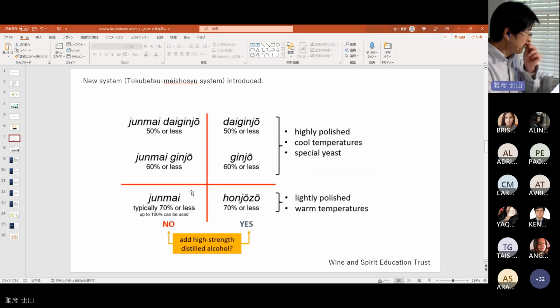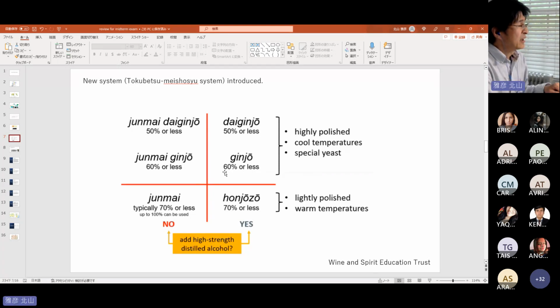And if we have sake made with rice at a polishing rate of 60% with distilled alcohol, it would be ginjo. We cannot put the word junmai.